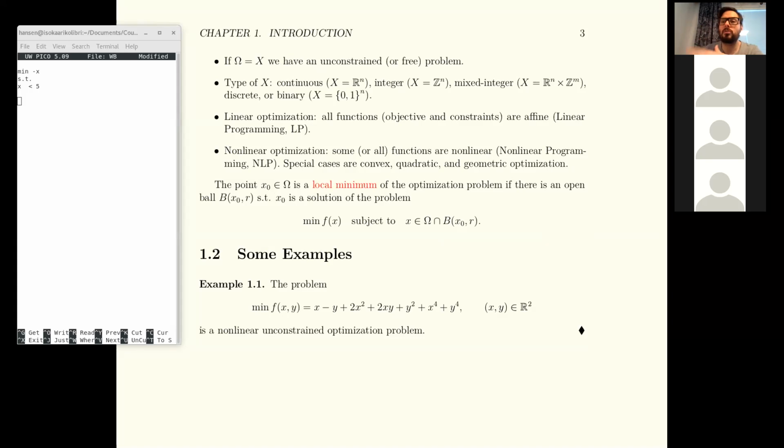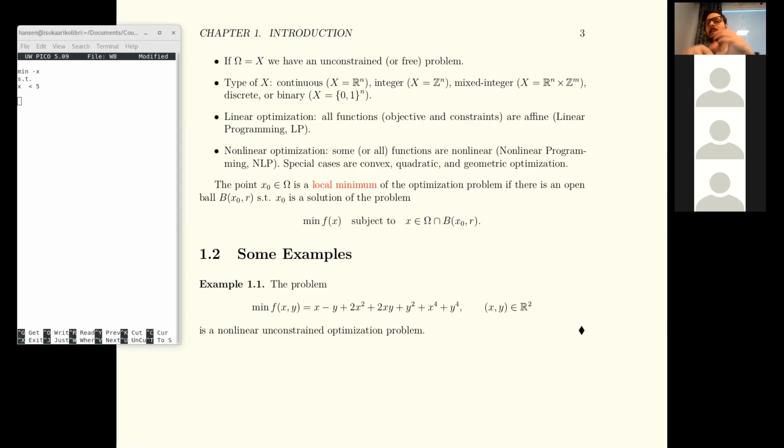Meaning there are no constraints. There is nothing like x needs to be y plus 1 and then find x and y such that. It's a free problem, with no constraint to be considered.